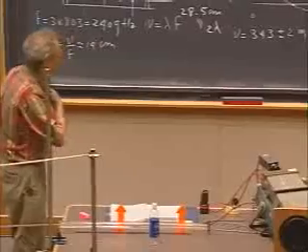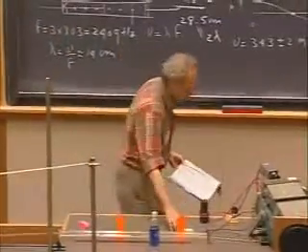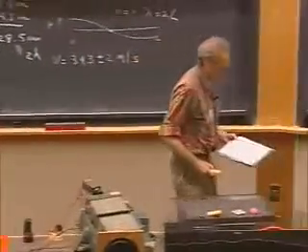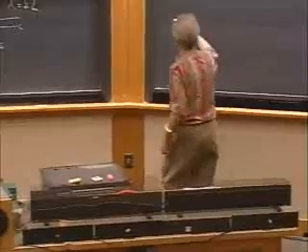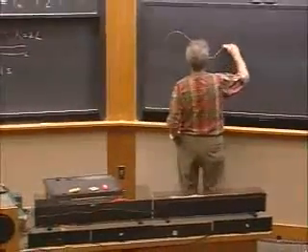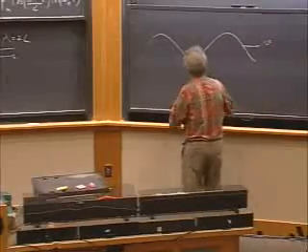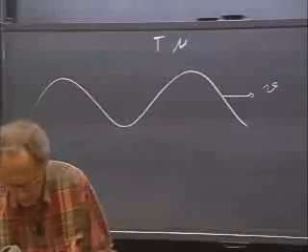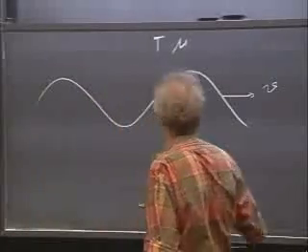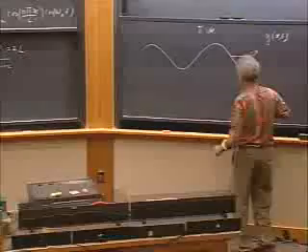There is energy in a traveling wave. If I have here a traveling wave, which is moving in this direction, has tension T, mu is the mass per unit length, then I can write down y as a function of x and t.